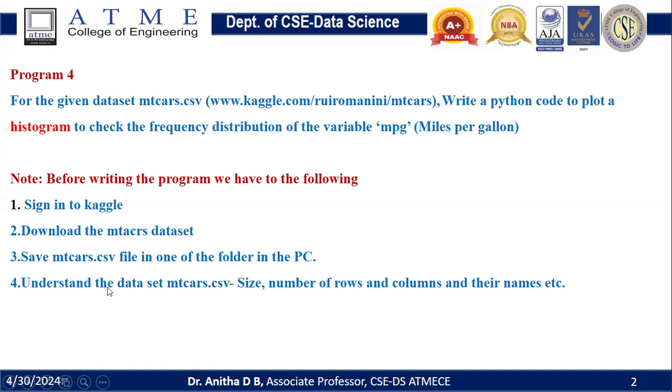Then understand the dataset mtcars.csv, that is what is the size of the dataset and how many number of rows and how many numbers of columns and the names of rows and columns, etc. So if you understand the data set, then it is easy to write the program.